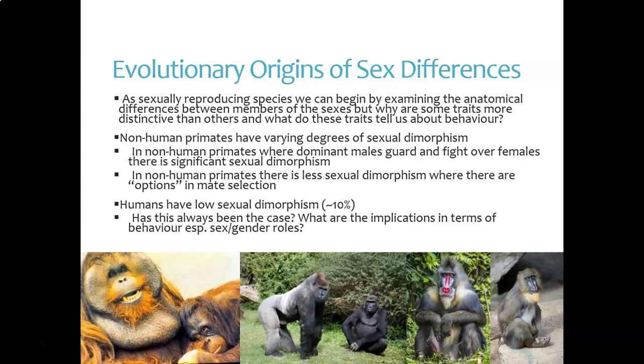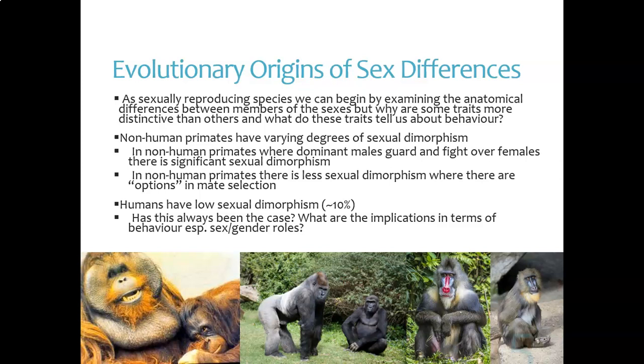This is where we turn to the models, right? And it seems to be where there are greater, quote unquote, options in terms of mate selection. So sexual dimorphism does seem to be linked to sexual selection in primates, and particularly again, when there are lower degrees of sexual dimorphism, there tends to be higher variation in terms of who individuals are able to mate with, right?